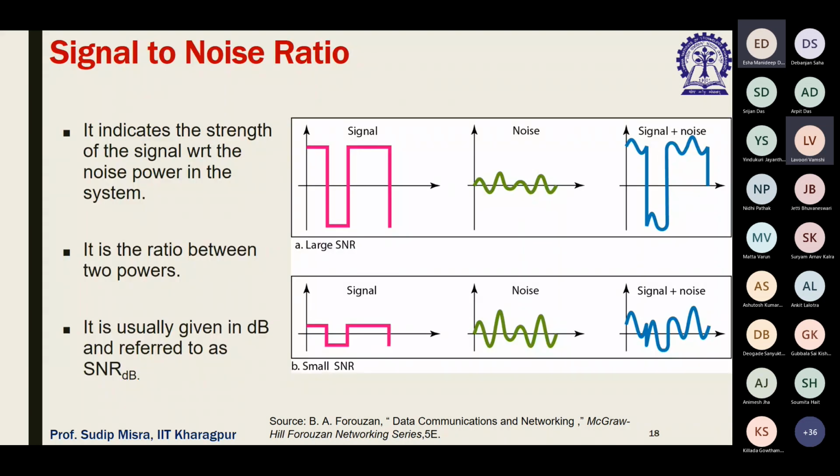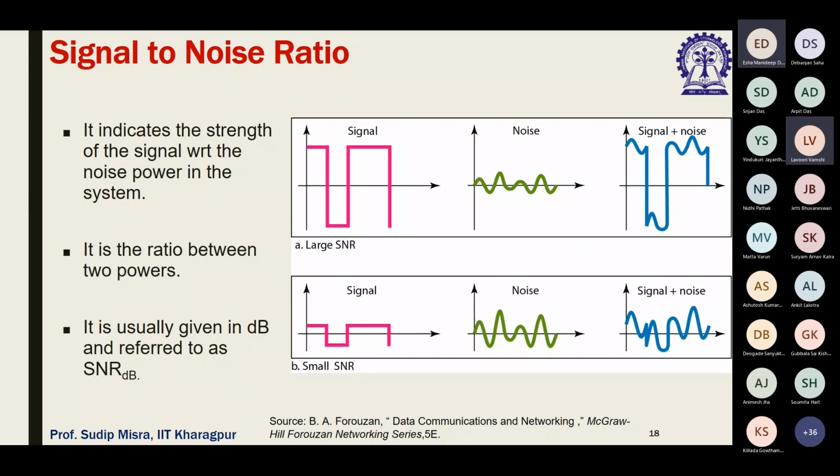Now another terminology that you will encounter quite often is called SNR, signal to noise ratio. It's a very important metric that is used to define the quality of the signal, because every signal that goes through a certain medium is vulnerable to getting affected by noise.